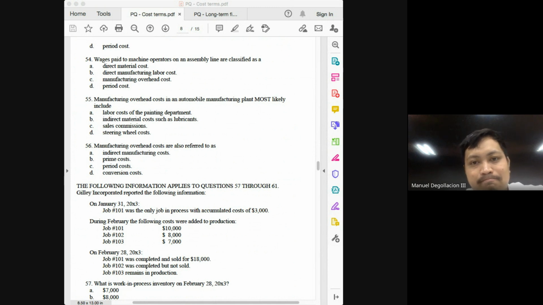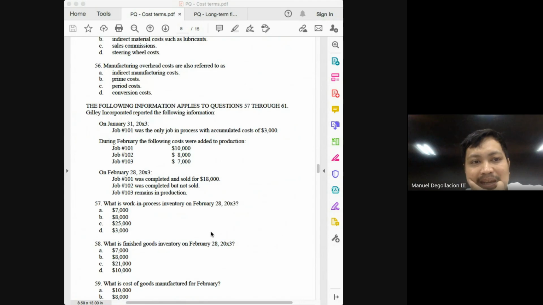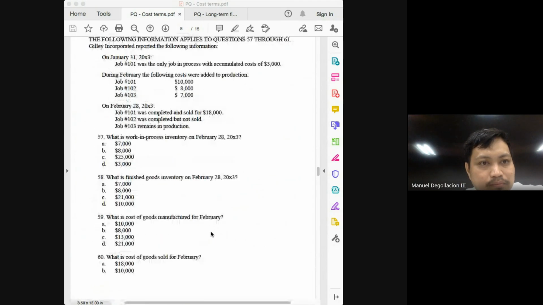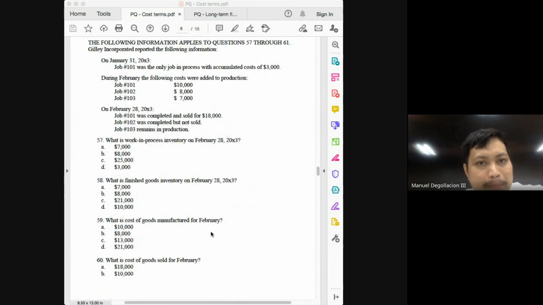57. What is work in process? Geely Incorporated reported the following information on January 31, 20X3.